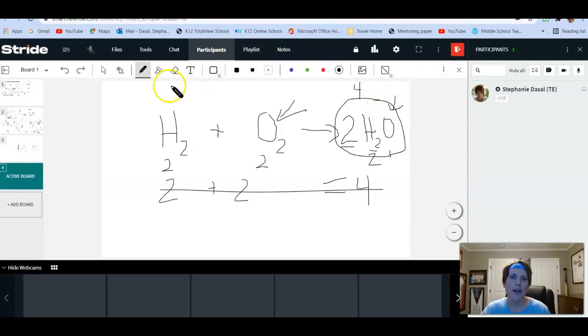So we have to go back over here and also make sure that we have 4 hydrogens. So we would add the coefficient of 2 here. 2 times 2 is 4. So we have 4 hydrogens on this side, 4 on this side. We have 2 oxygens on this side, and because we added the 2 of the coefficient here, we have 2 oxygens on this side. Okay?